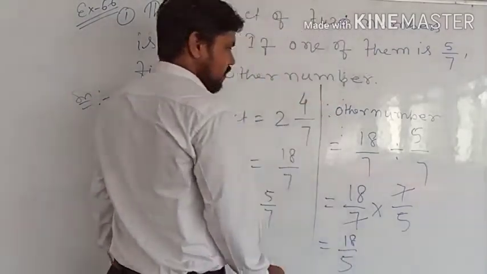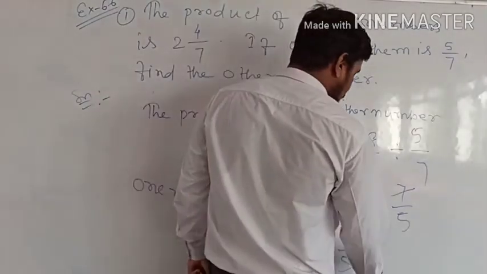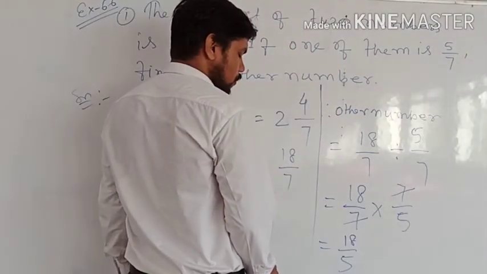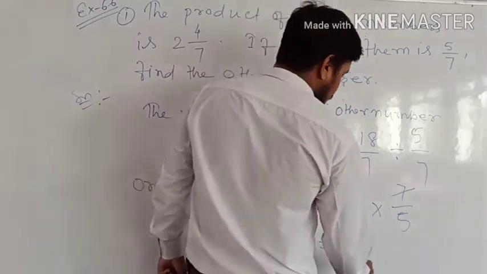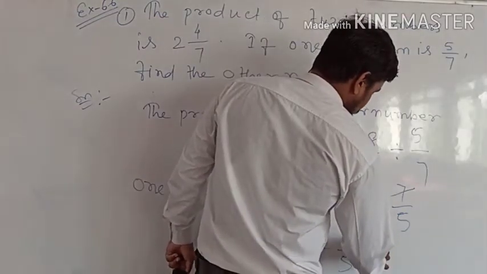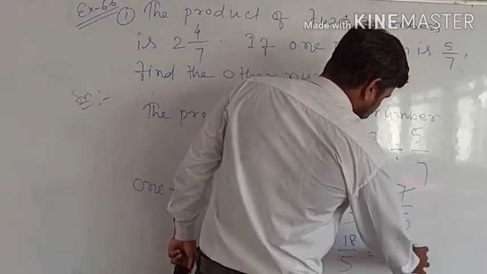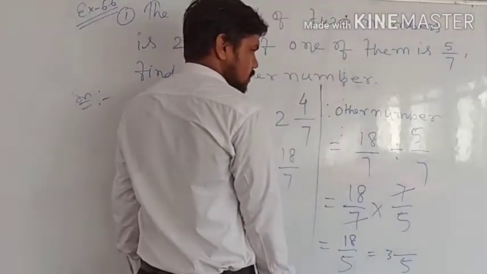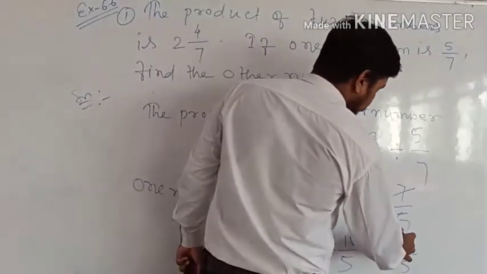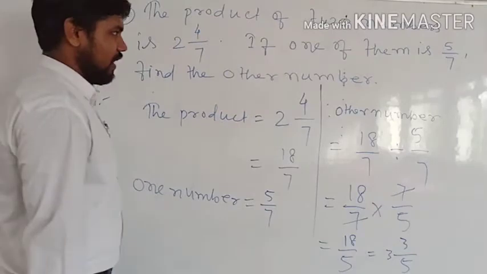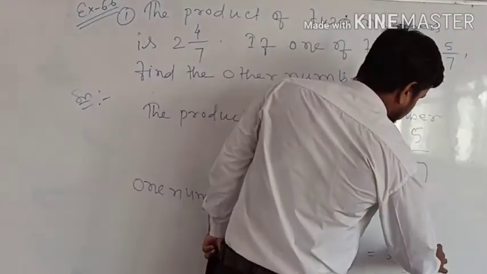So 18 divided by 5, if you convert this into a mixed fraction, how much? 5 fours are 20, 5 threes are 15. So it will be 3, and 15 plus how much is 18? 3, right? So 3 whole 3 by 5. 3 whole 3 by 5 will be the required other number.